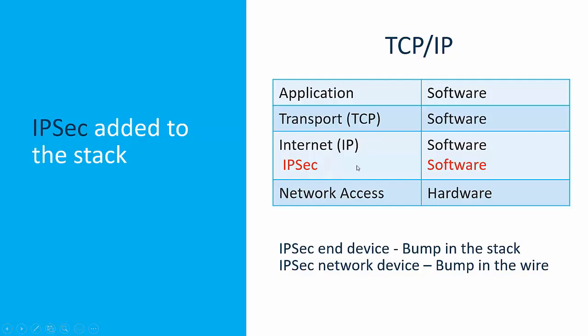IPsec is added at the internet or IP layer and is implemented in software. In comparison to the network access layer, where we have the data link layer and the physical layer, which is implemented in hardware. When we use IPsec and have it added to the stack in an end device, it's called a bump in the stack. When IPsec is added to a network device, like a router, it's called a bump in the wire.